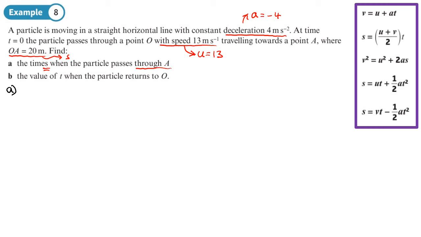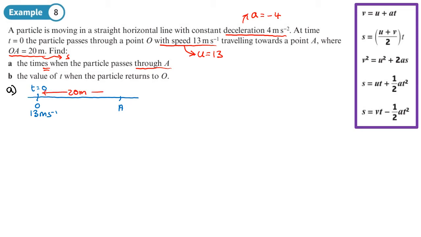So first of all, I'm just going to draw a diagram so we can see what's going on. So we've got this point O, and when t equals 0, it passes through this point, and its speed is 13 meters per second. Then we've got this point A that it passes through, and we know the distance to get to point A is 20 meters.